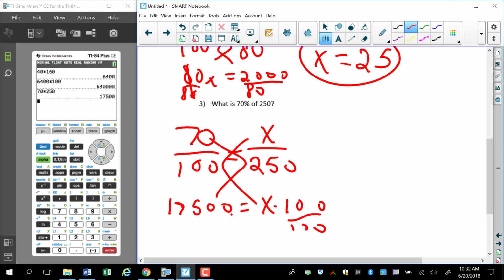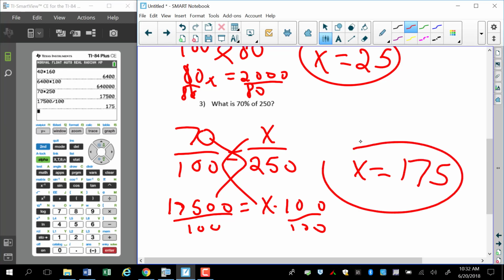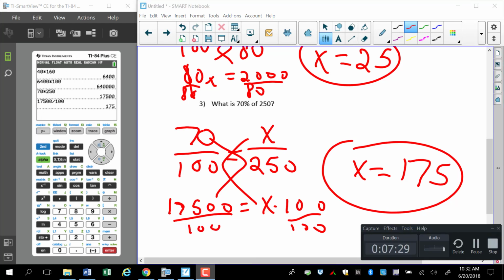Divide by 100. If you do this in your calculator, you probably shouldn't need to. You should know to get rid of the couple zeros to get 175, but just in case, there's your 175. So good luck. If you need to go back and practice a few of these, pause the video, practice, and best of luck to you.